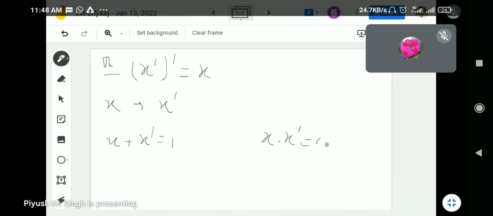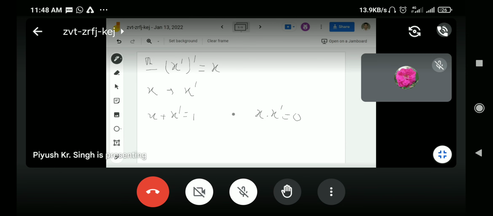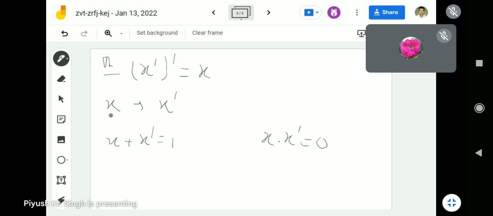Is it true? Yes sir. So for x, there exists a unique x bar such that x plus x bar is equal to 1 and x dot x bar is equal to 0.